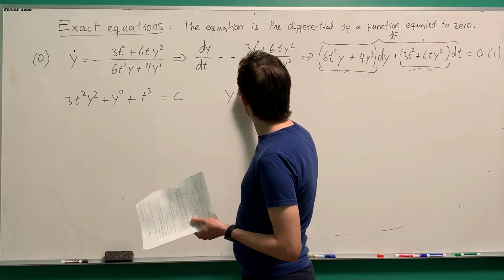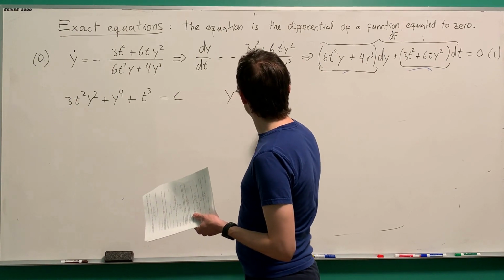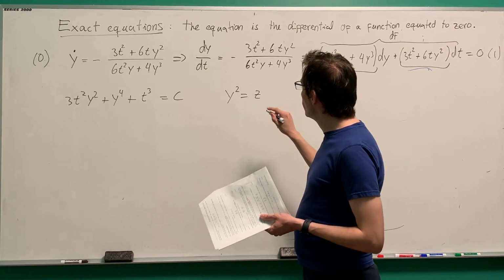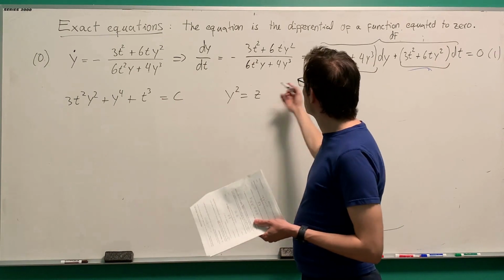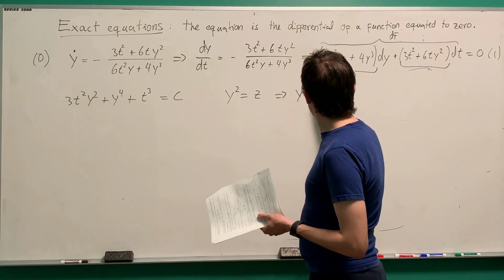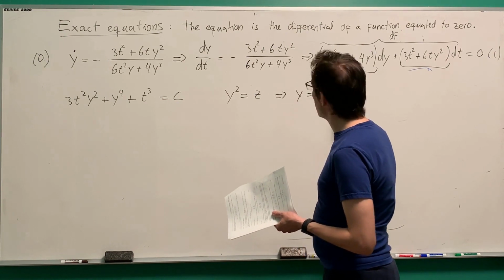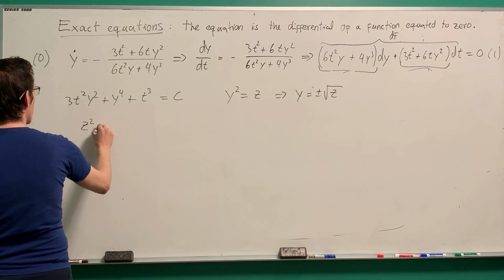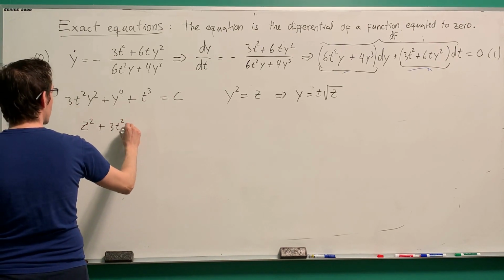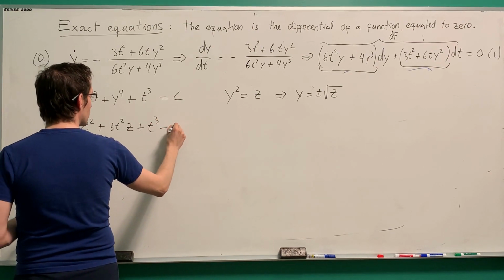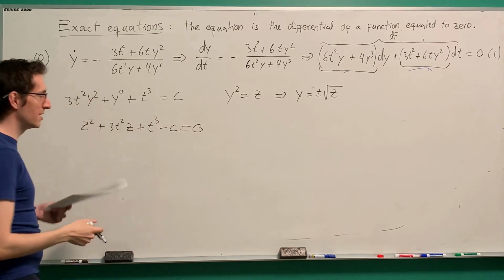If I make the change y squared equals z, then I know that y would be plus or minus the square root of z, but with that substitution, this thing gets transformed into z squared plus 3t squared z plus t cubed minus c equals 0. So this is a quadratic equation.